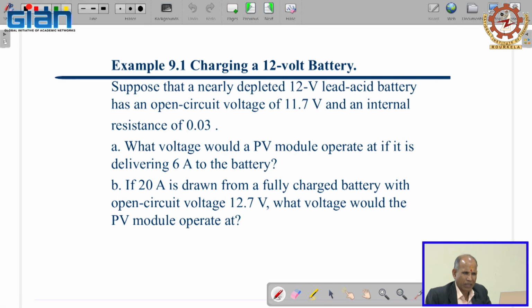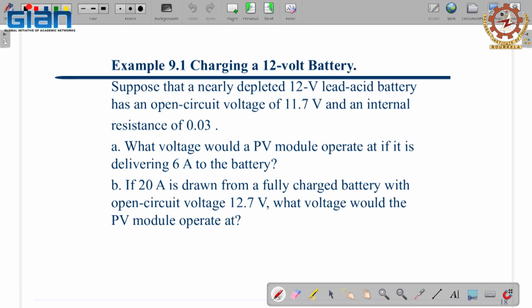Now a very simple example. You have a battery. If you connect the battery to the photovoltaic panel, in that case obviously, which direction will the current flow, either from battery to the PV or PV to the battery?